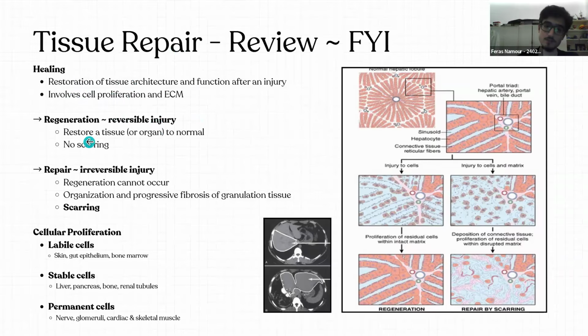We have regeneration, which is the healing of reversible injury, and we have repair, which is healing of irreversible injury. What's the difference? Regeneration goes back to normal. There's no scarring involved whatsoever. Repair, on the other hand, is a kind of compromise. I'm trying to get it back as much as possible, and there will be scarring and fibrosis of the granulation tissue.